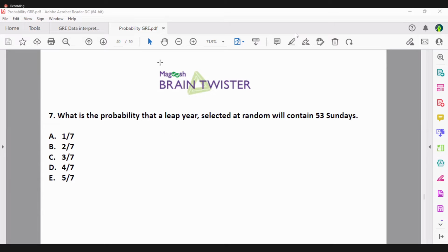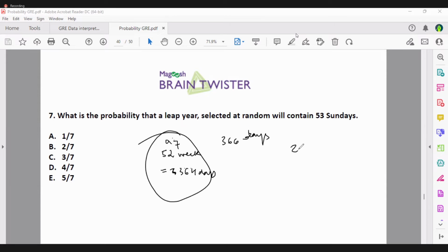In a leap year, there are 366 days. In a year, there are 52 weeks, which is basically 364 days. If you multiply 52 by 7, you get 364 days. So 52 weeks complete 364 days. Now 2 days are extra.